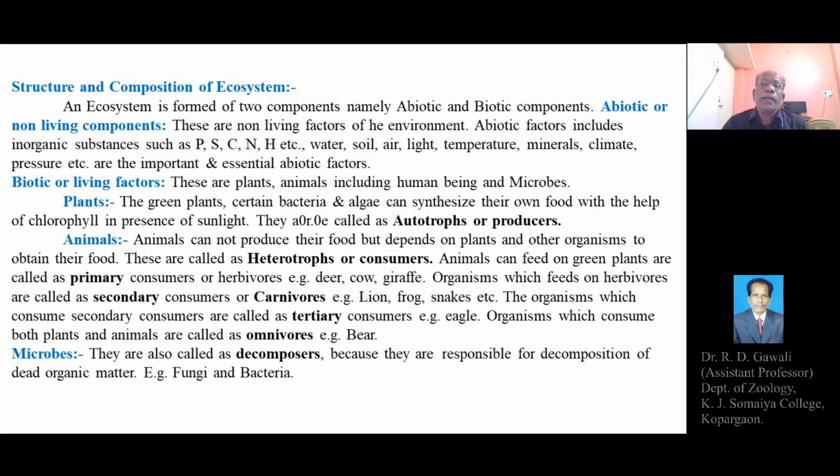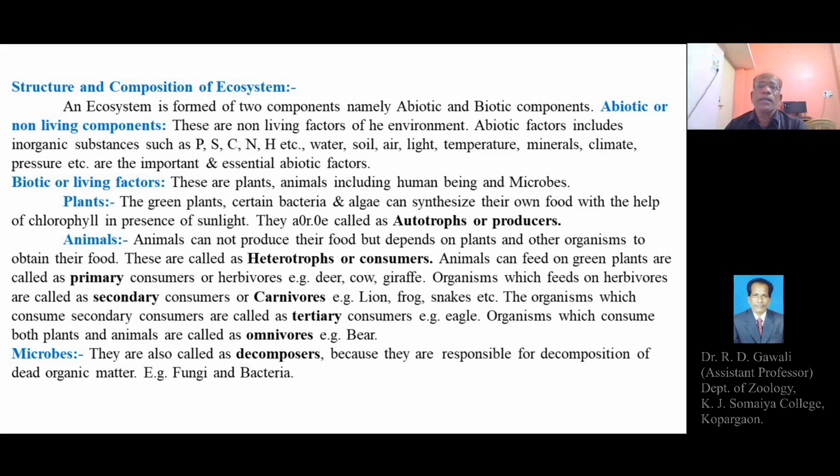Then water, soil, air, light, temperature, minerals, climate, pressure, etc. are the important and essential abiotic factors. So these are the abiotic factors or non-living components of the environment. Then biotic or living factors are plants, animals, including human beings, and microorganisms.